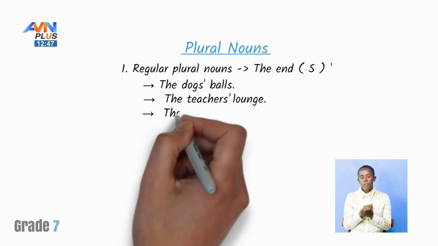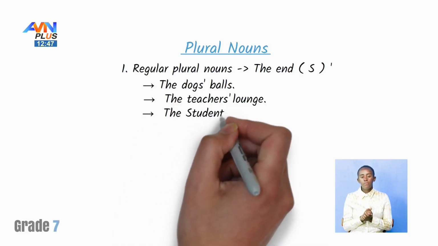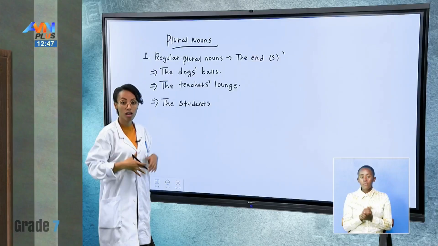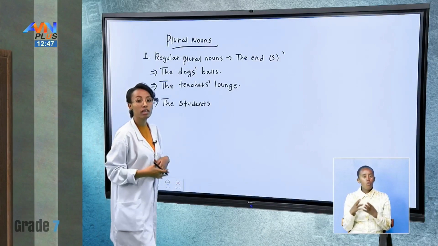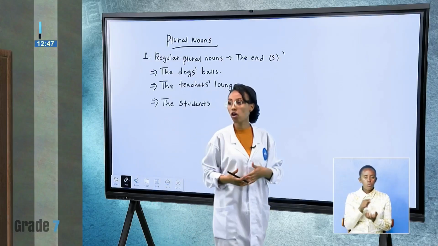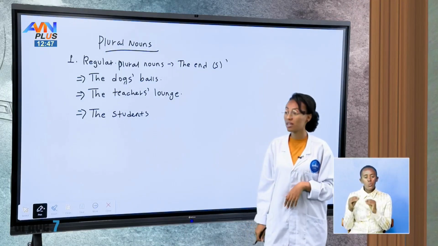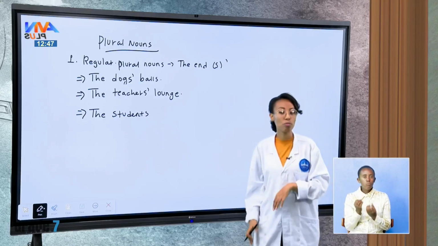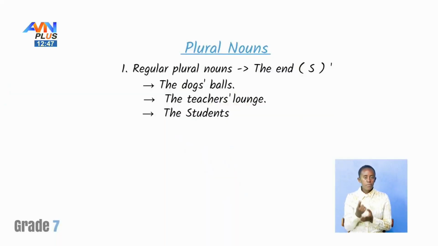The students' here, a lot of students, not one, but a lot of them. In the classroom, all of you in the class are called students. That means not only one or two, but a lot of you. So the students' desks.